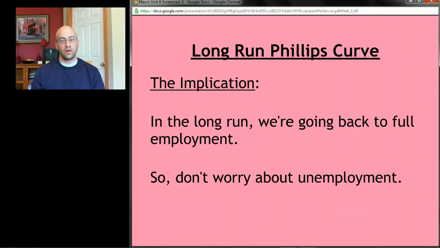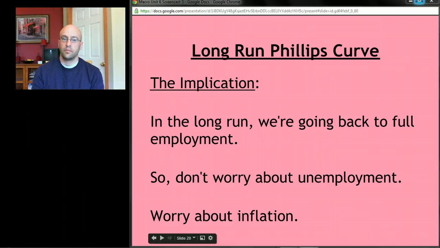The implication of the long-run aggregate supply curve is maybe that concern was misplaced. Maybe instead of worrying about unemployment, what we really should be worrying about is inflation. If we're going to be at full employment eventually, but we could be at any level of inflation, maybe that's what policymakers should really be focusing on. And there are economists that have said essentially this: don't worry about unemployment, worry about inflation.